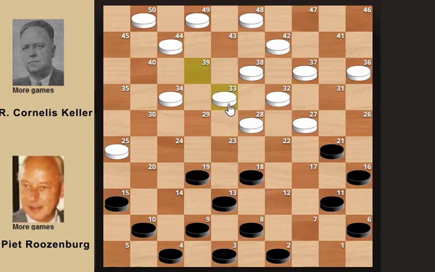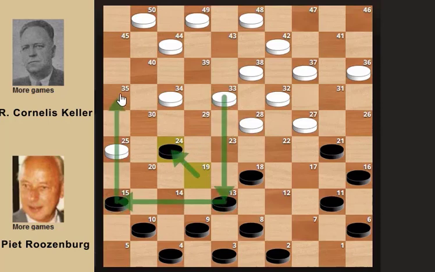And then the move was responded by Keller by playing 39-33. So 39-33 was replied by Roozenburg by playing 19-24. If you draw the square, we see that we can also move to the center of the square.